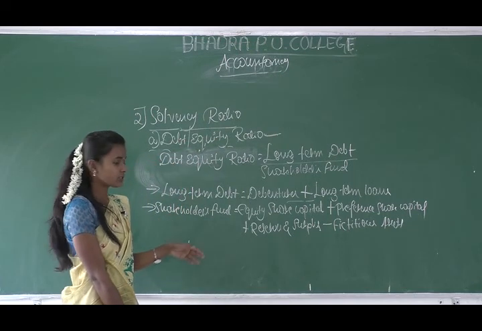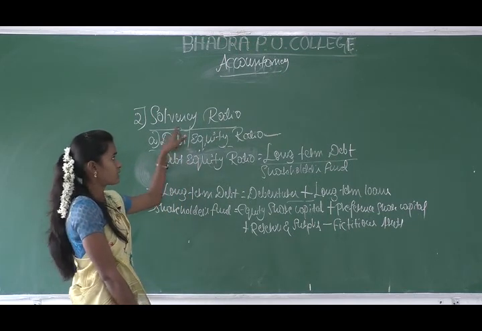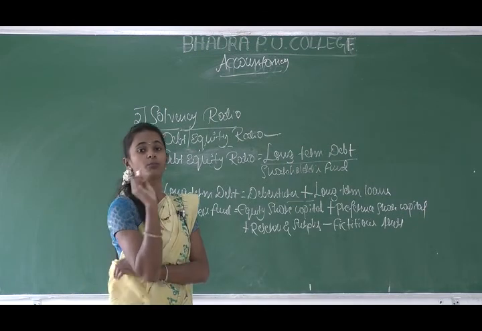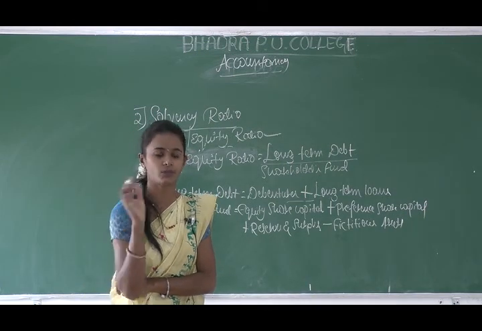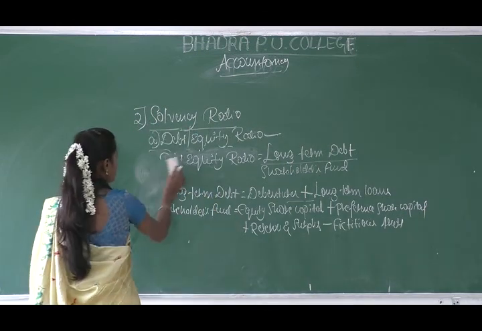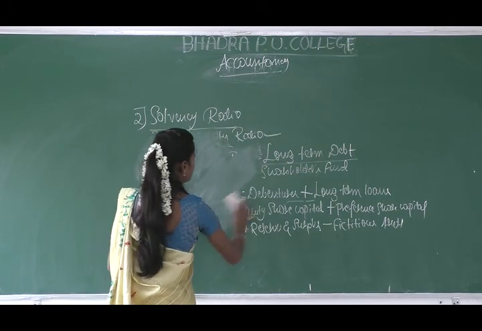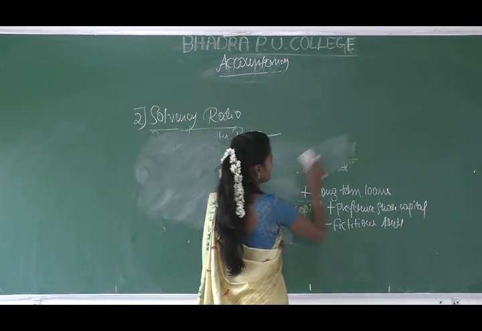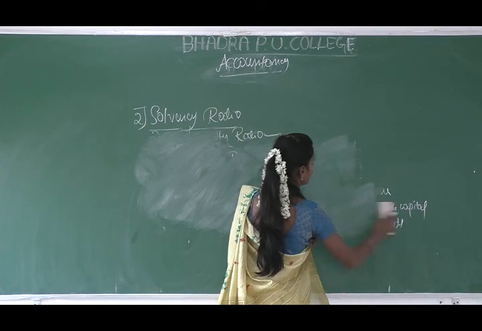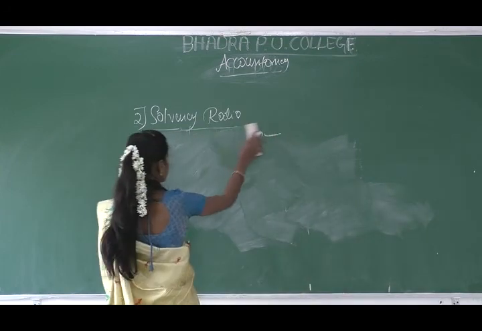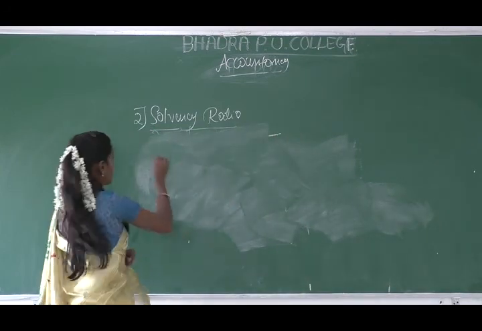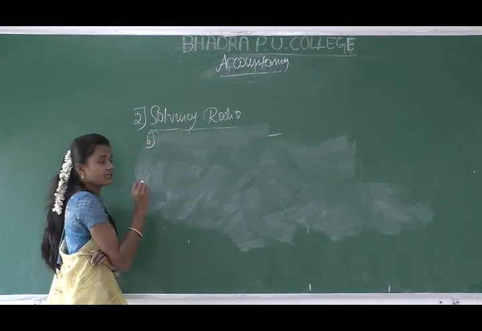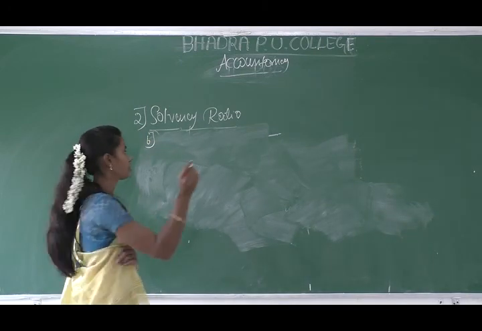Okay. So after this, the second one under solvency ratio is the proprietary ratio.